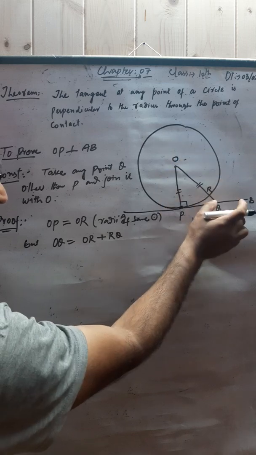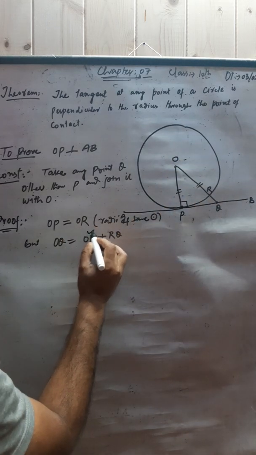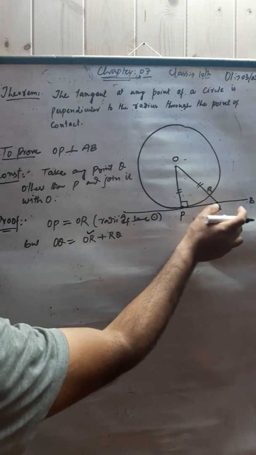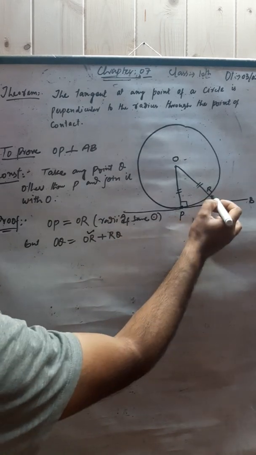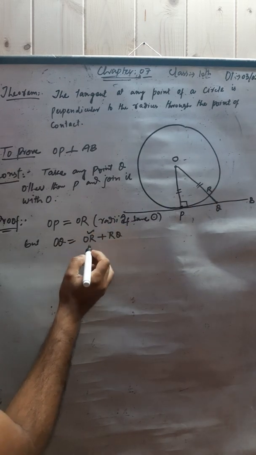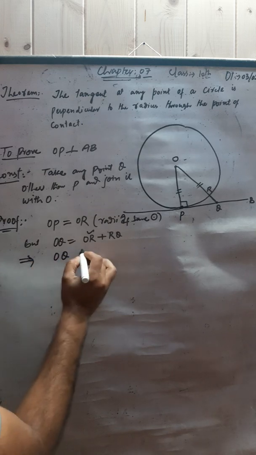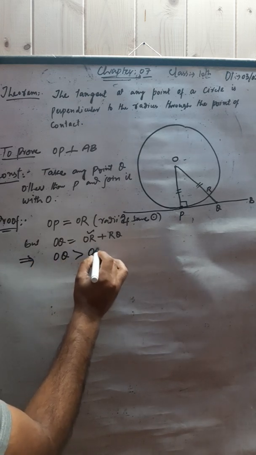So it means OQ is greater than OR, because OQ is equal to OR, that means the radius, plus a bit more than that, that is RQ, this part. In other words, OQ is greater than OR.